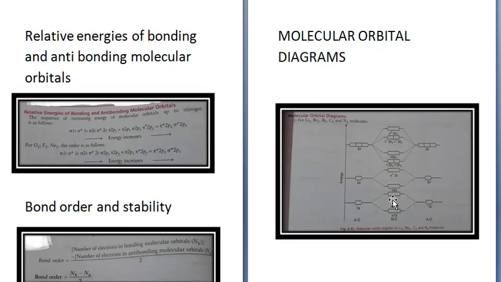Bonding has lower energy, so it will be below, and anti-bonding will be on top. So this is sigma 1s and this is sigma asterisk 1s.